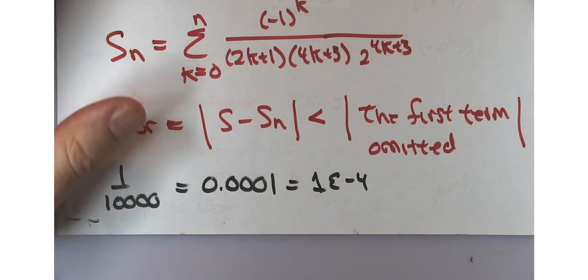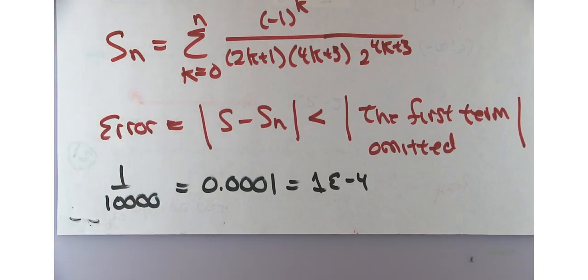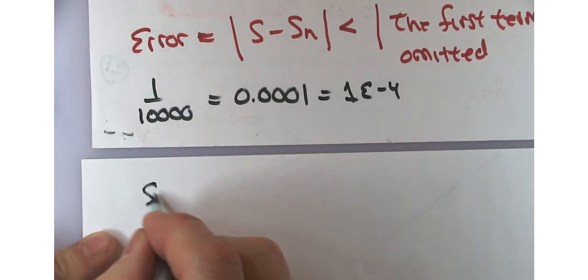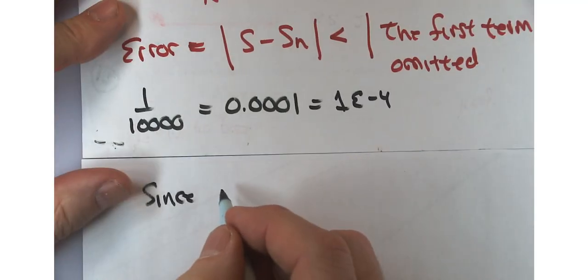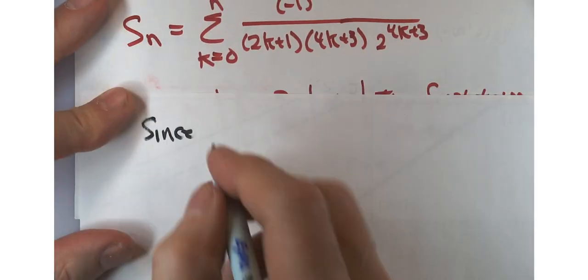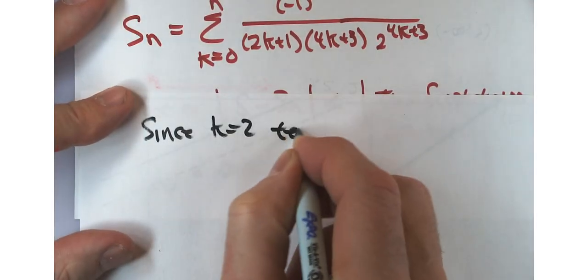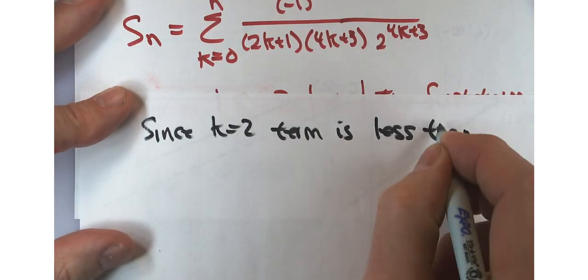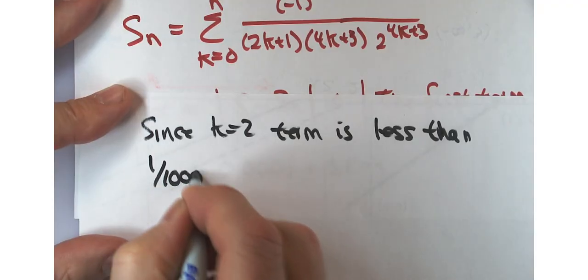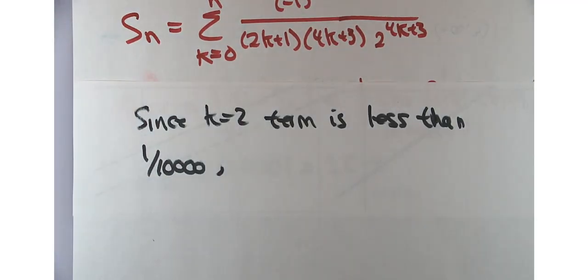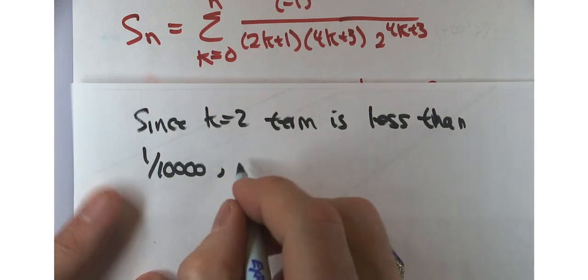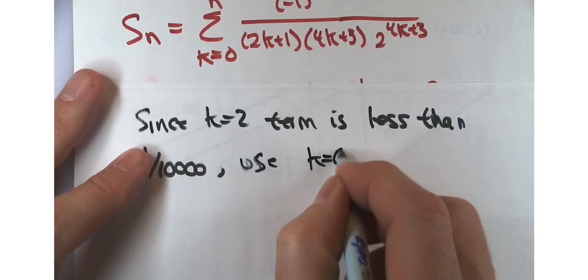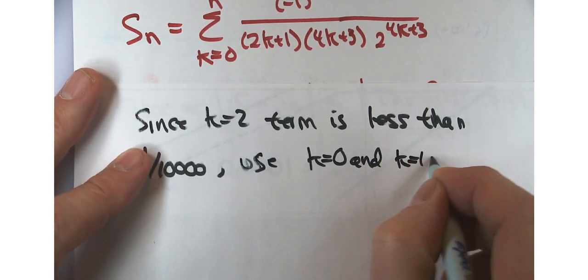So let's pick it up here. Since the k equal 2 term is less than 1/10,000th, you can use k equals 0 and k equal 1 to approximate.